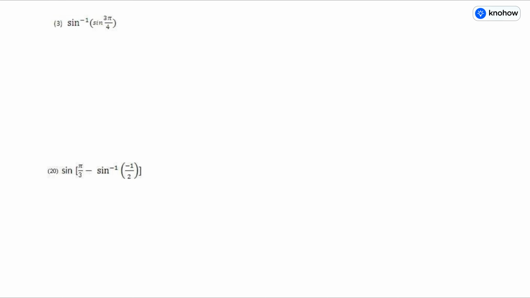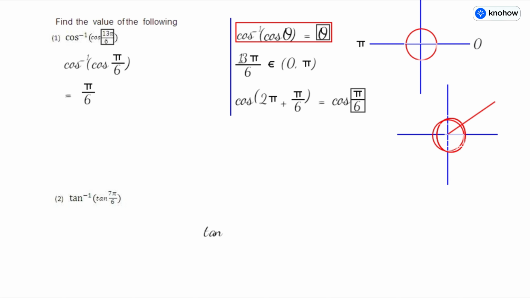Yes, now the next part is tan inverse of tan 7 pi by 6. Here we have to use the property tan inverse of tan theta is theta, provided theta lies in the principal value branch, which is negative pi by 2 to pi by 2, with negative pi by 2 and pi by 2 not included.